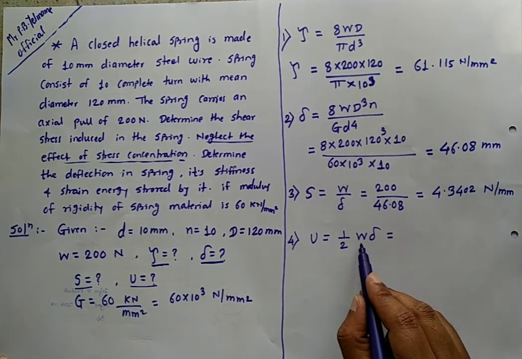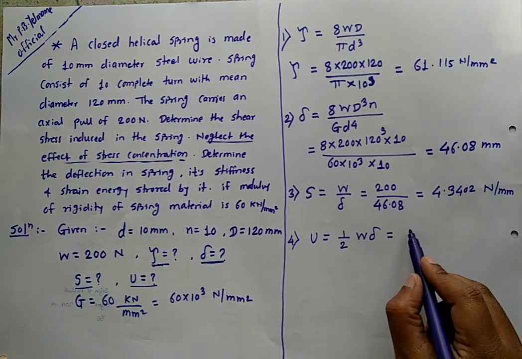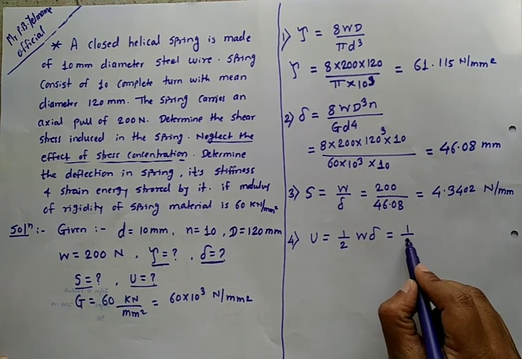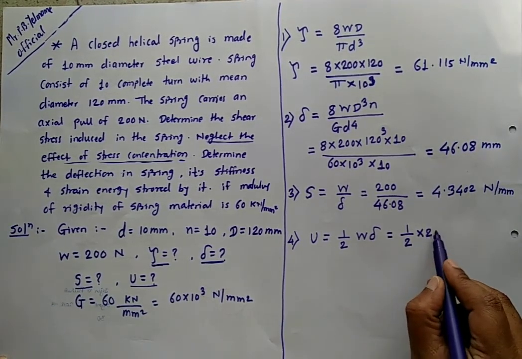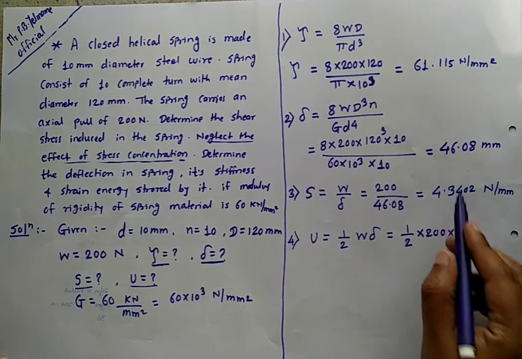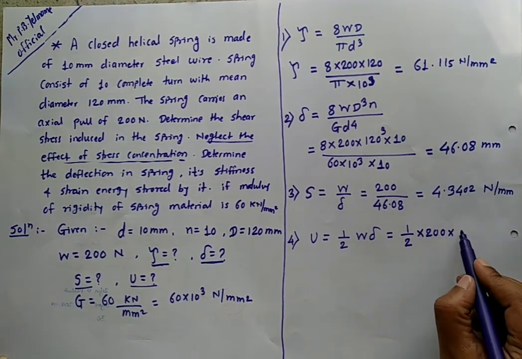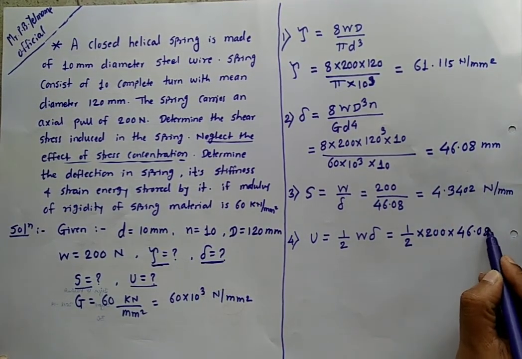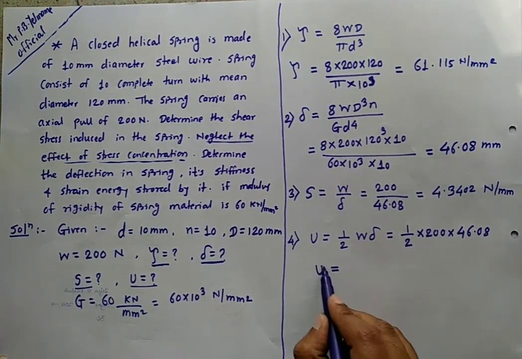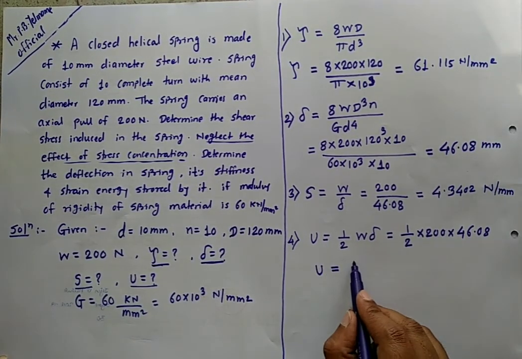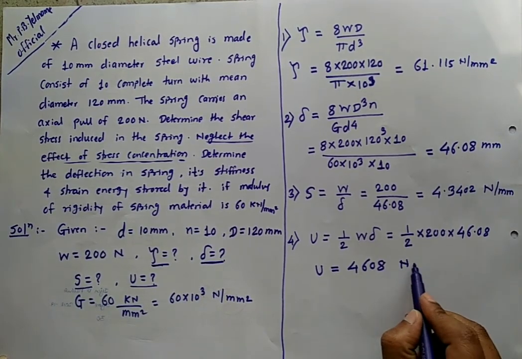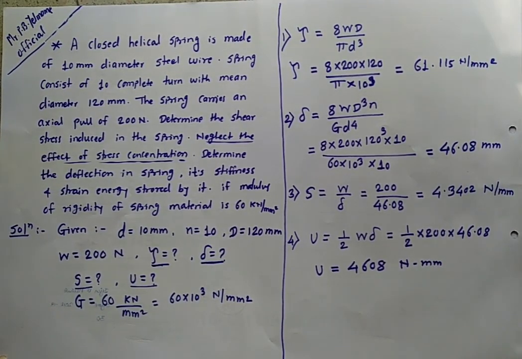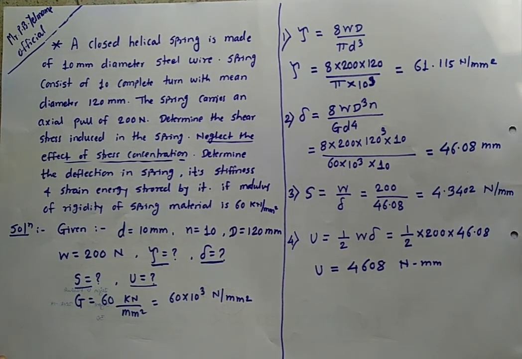We simply put the values of W and delta, so the answer becomes 1/2 into W, where W is 200, into delta, which is 46.08. By calculating this, the answer becomes 4608 Newton mm. Hope you understand the problem of the helical compression spring. Thank you very much.